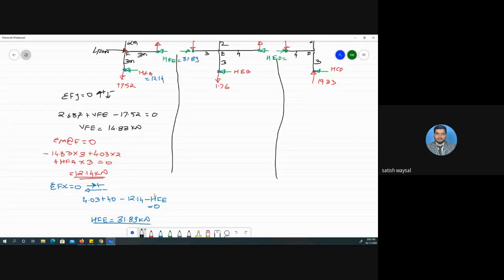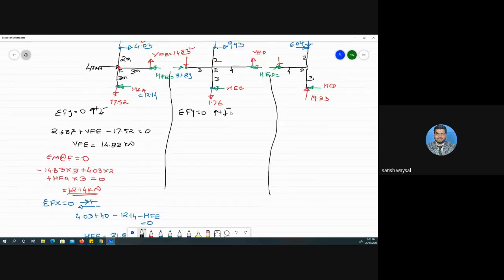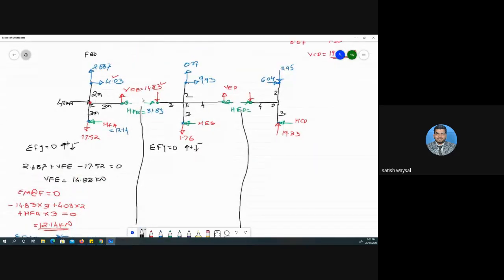Again, similar to the previous one, we'll apply first summation Fy is equal to 0, upward force positive, downward force negative. Now only in this joint, from this to this, we have to consider only joint E. Everything, the equilibrium equation, will apply at only joint E. Here downward force, the first is minus 14.83 minus 1.76 plus 0.27 plus VED is equal to 0.